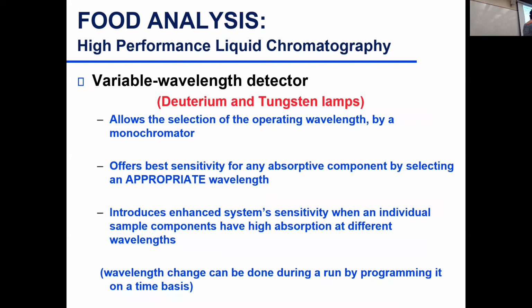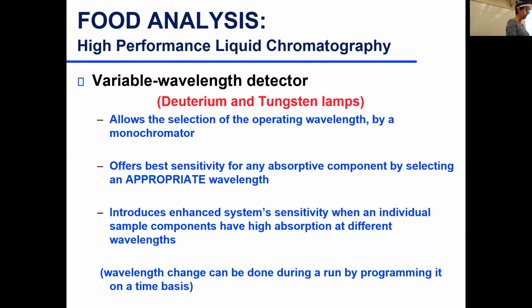And in the variable wavelength detector, you have to select a wavelength. If you remember from our lab, we talked about lambda max. We identify lambda max, which is the wavelength at which you have maximum absorption.